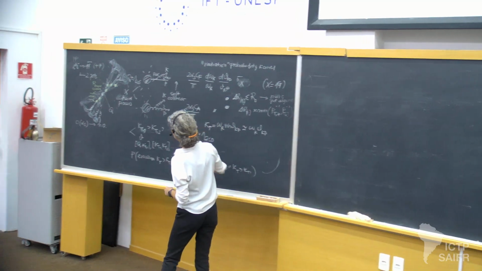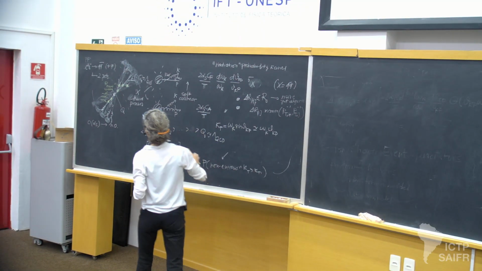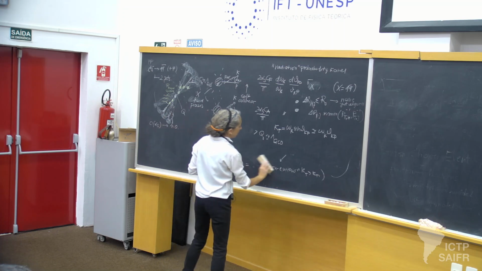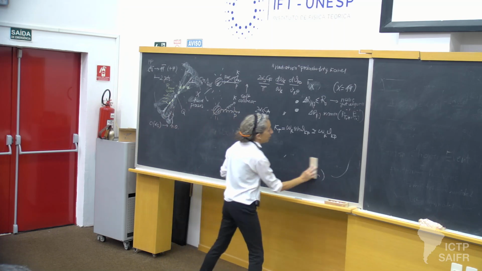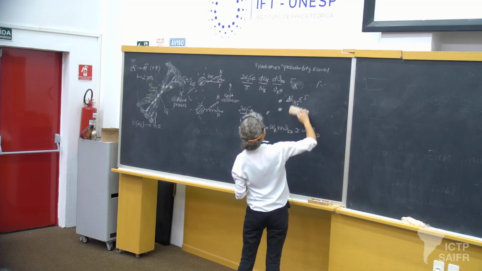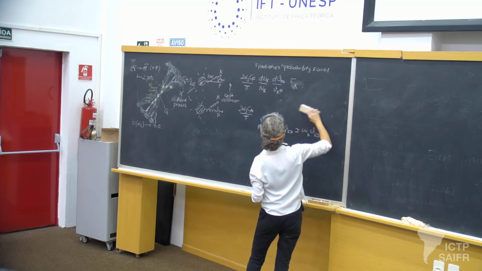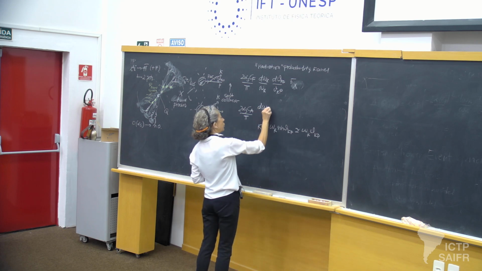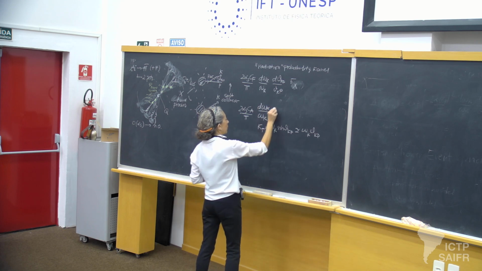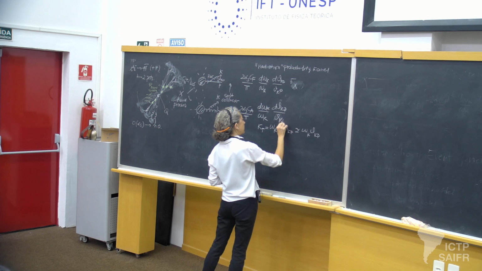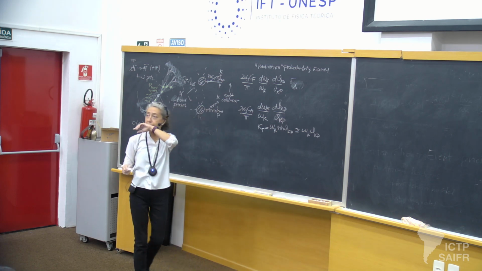And I will leave these two kernels here, maybe taking away the part that we don't need, because now we are going to see the difference with respect to what happens in the initial state case. And we are going to see why that is slightly different, and we need to do things in a slightly different way.